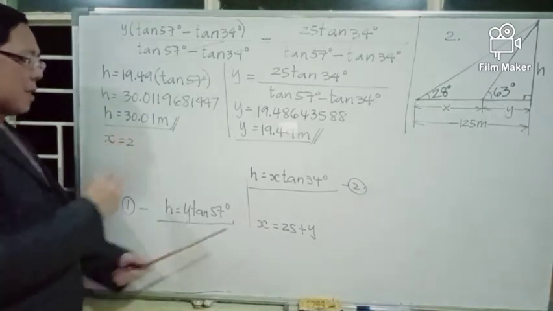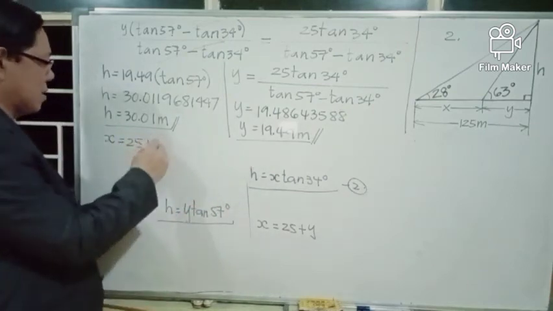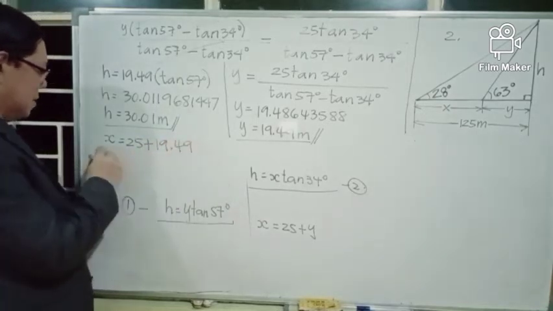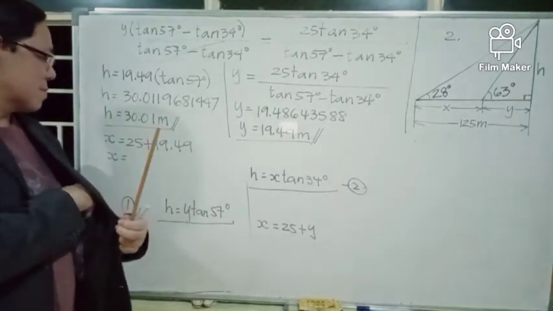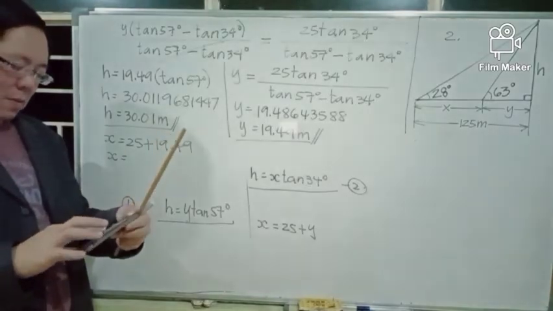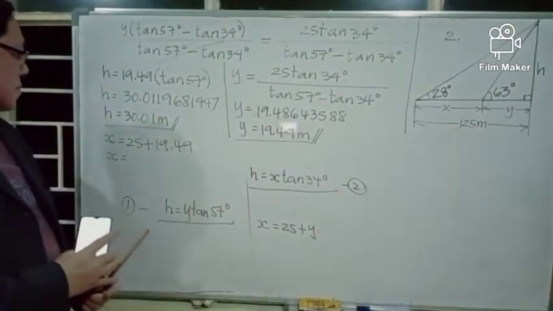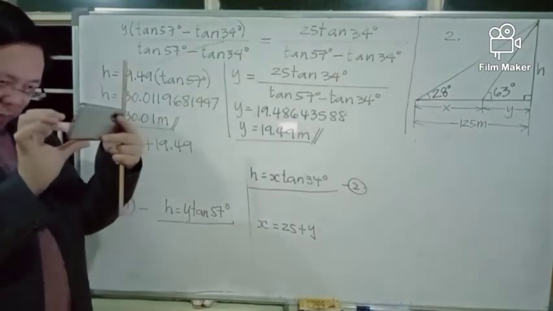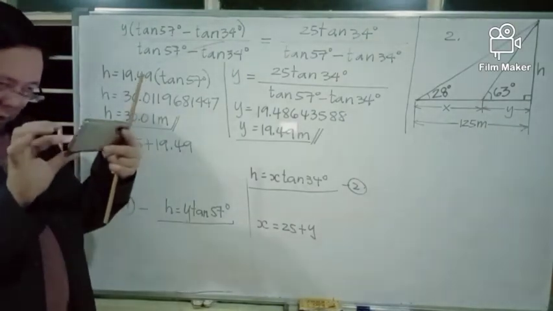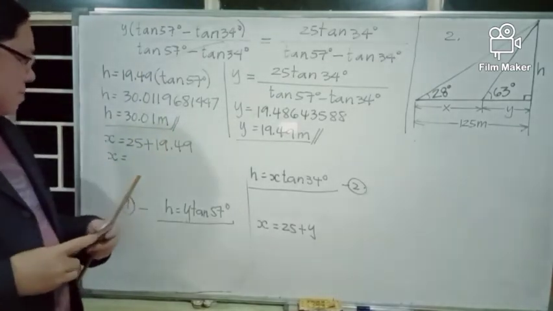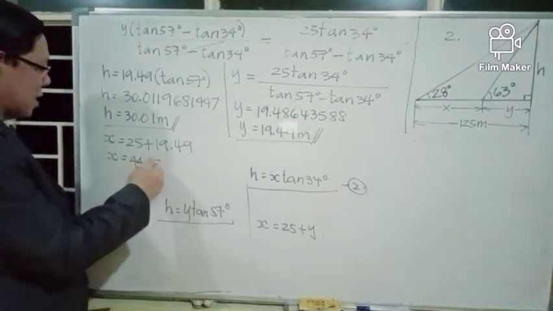So x equals 25 plus 19.49, which equals 44.49. x is 44.49 meters.